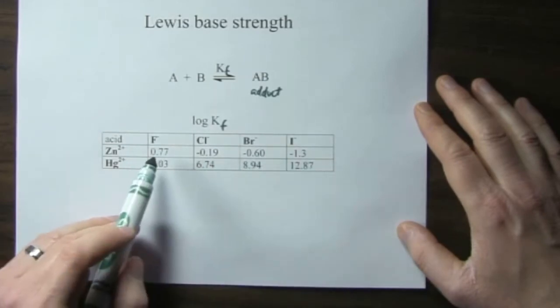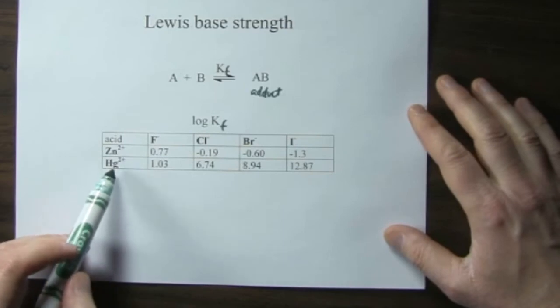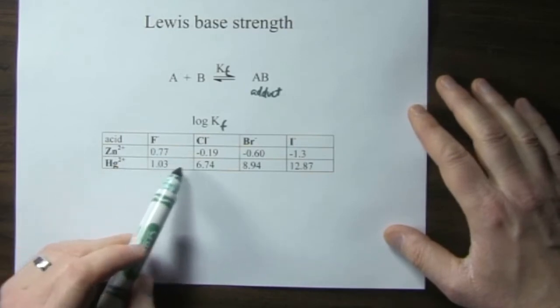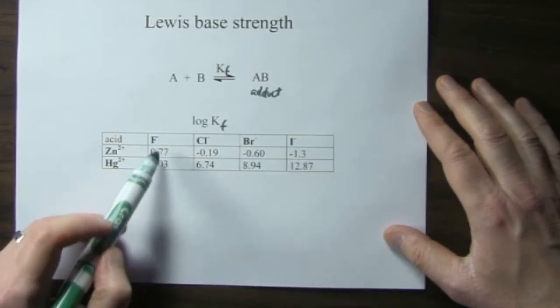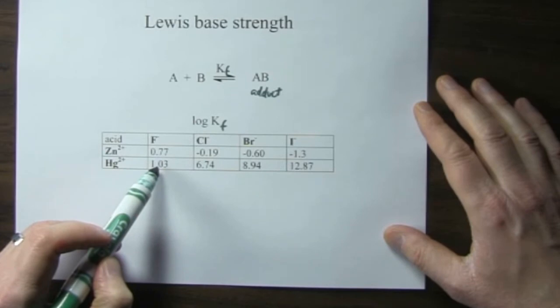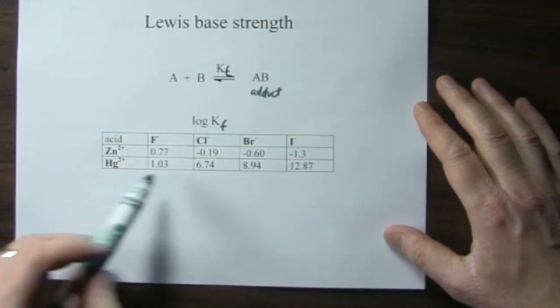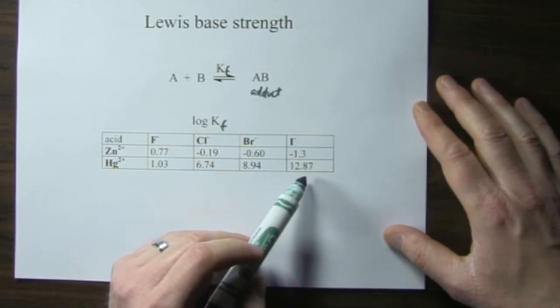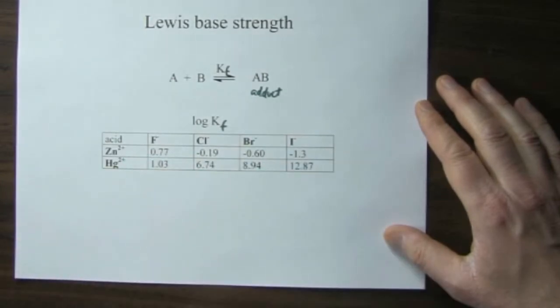We see that zinc as an acid versus mercury as an acid, we get different values, and actually we even get different trends. The fluoride starts out about the same reactivity, but then as we go down the group, the mercury equilibrium constant increases, whereas the zinc equilibrium constant decreases.